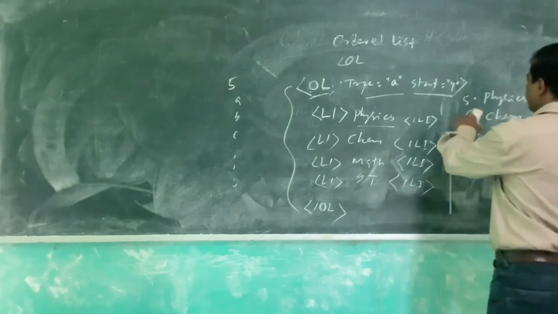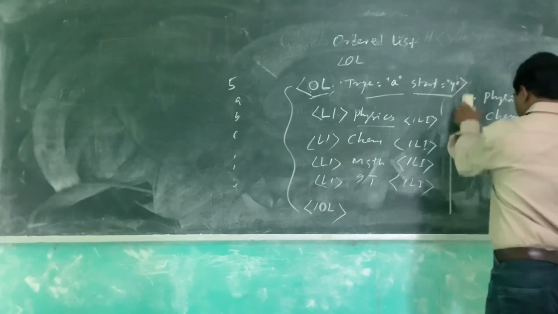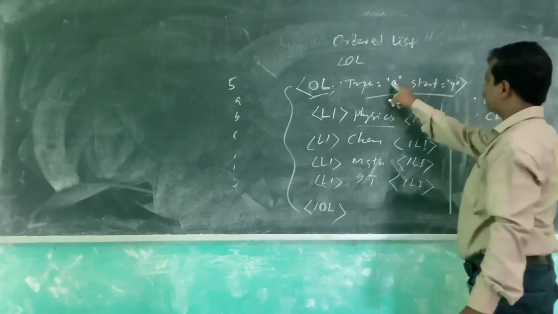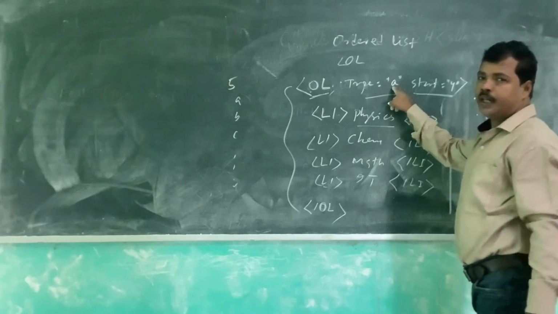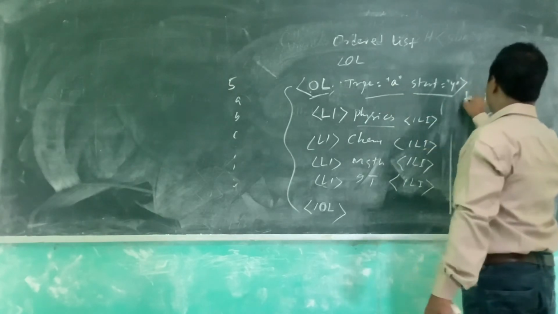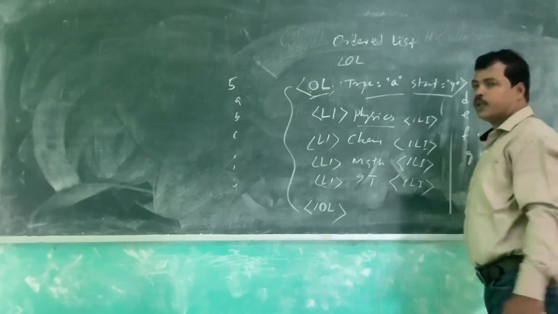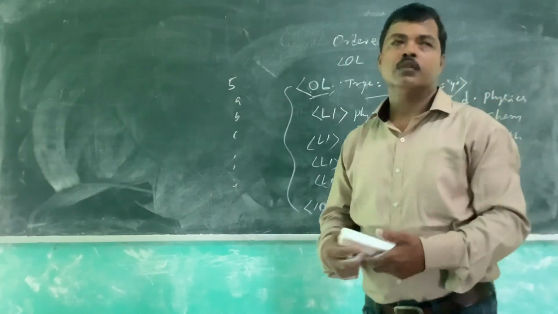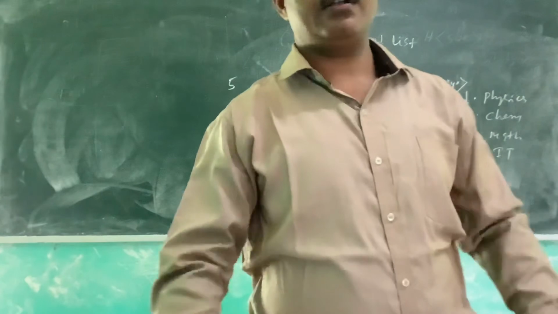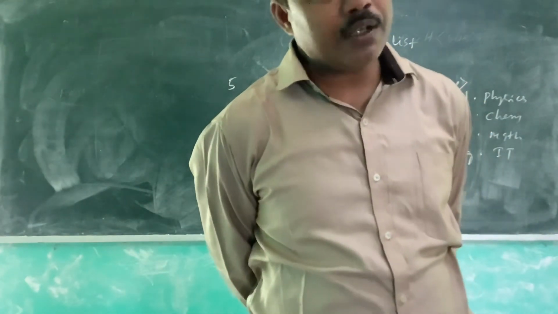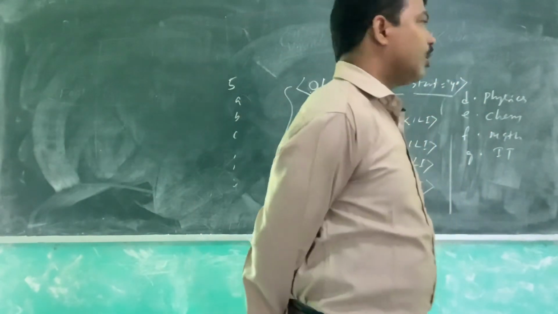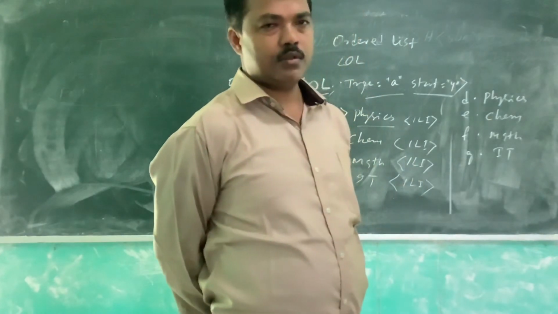So the start letter will be D, E, F, G. Okay. So in this way we can maintain unordered lists of items as well as ordered lists of items.